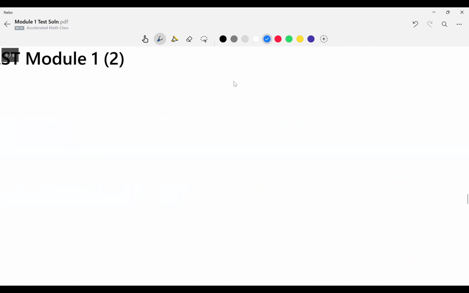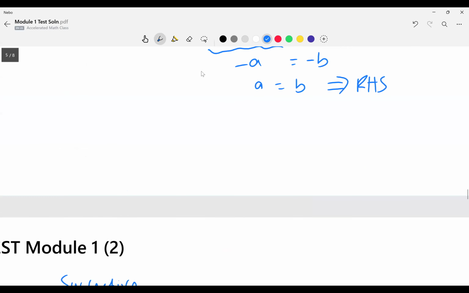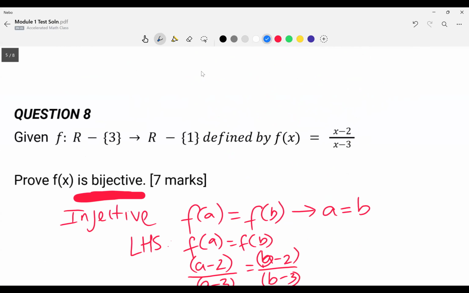So if we're going to prove surjective now, what we're going to do is prove that the inverse is there.